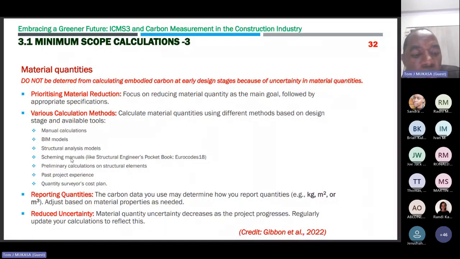And how do you report the quantities? You have to make sure that you are matching the units of measurement. Don't mix up measurements. You must know whether you are using kilograms, tons, cubic meters, or per square meter, okay? You should be confident that the material quantity uncertainty will keep on decreasing as the project progresses, so you have to go through a lot of iterations, as you saw what Joe was doing, okay?